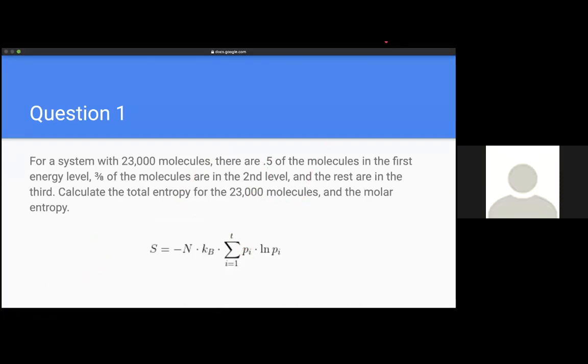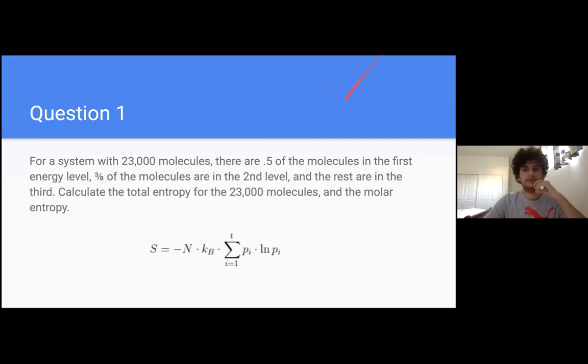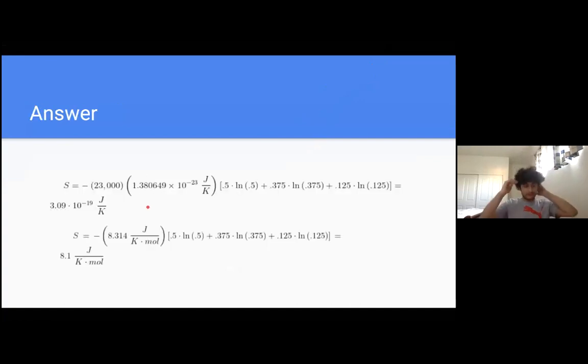Okay, so how about we move on, we'll just go over the answer real quick. The first question was to calculate the total entropy for the 23,000 molecules. What that means is just the general equation, right? What's the entropy for the system?